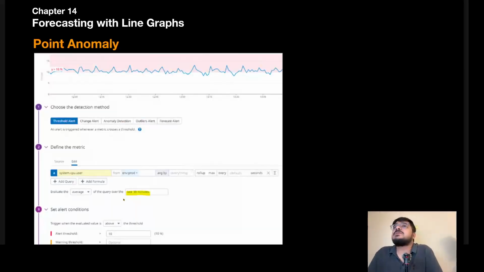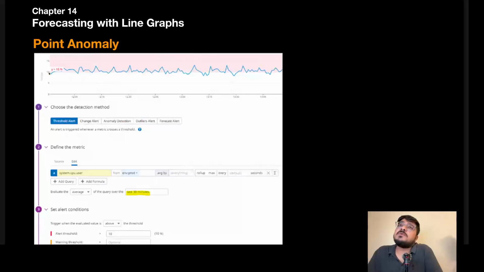So that is what we need to understand, that this is also a point anomaly. Now if you see this graph, on the top you can see the light red or light orangish background. So what is it? Here the anomaly point, the bare minimum point, is set to 10. I know you will barely be seeing it, but it's a 10. So what does this graph mean? There is a threshold alert.